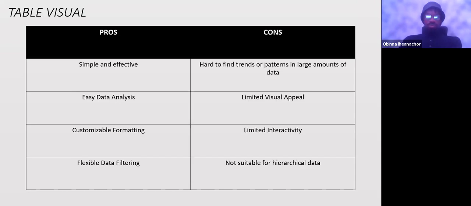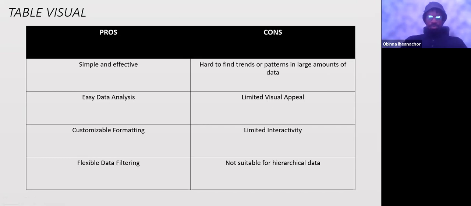Now, some of the cons for the table visual is that it's hard to find trends or patterns in large amounts of data. So it's commonly said that if you want to hide information, put it in a table. So you have several numbers, and it's difficult for the brain to find patterns in all those numbers. And then also for table visuals, they have limited visual appeal.